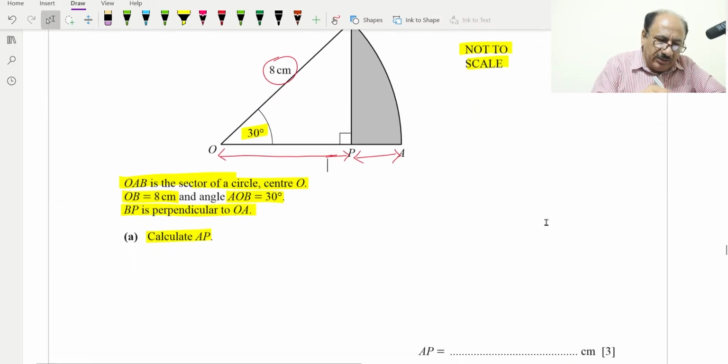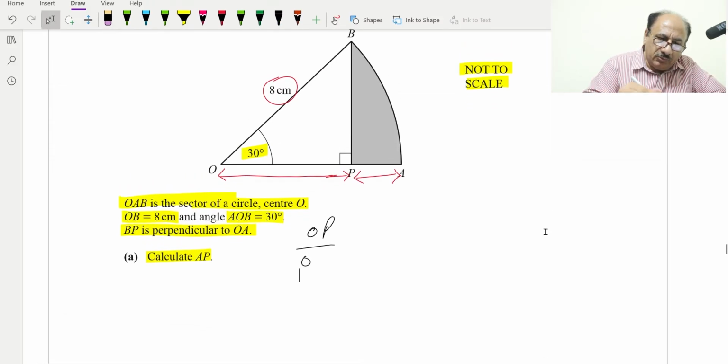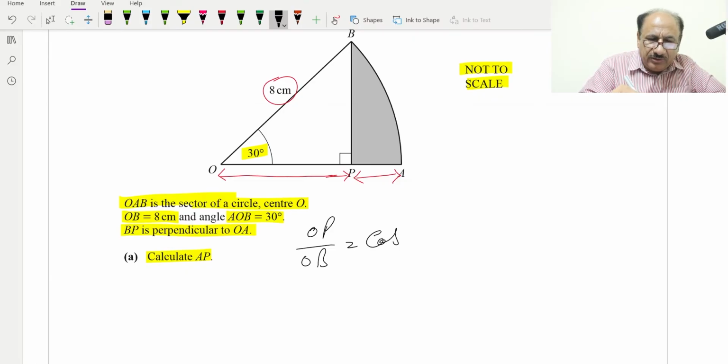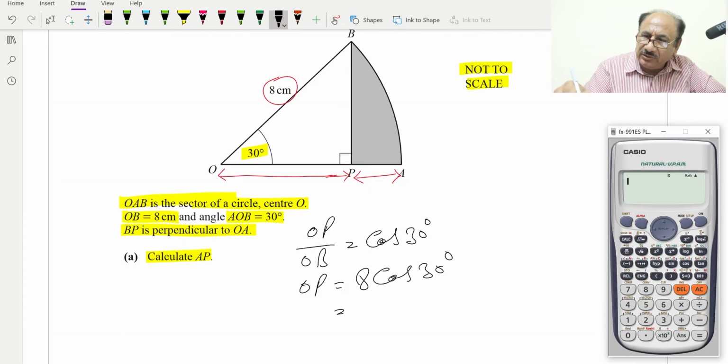So we can write OP over OB is equal to cos of 30 degree, and OB is 8, so OP is equal to 8 cos of 30 degree.